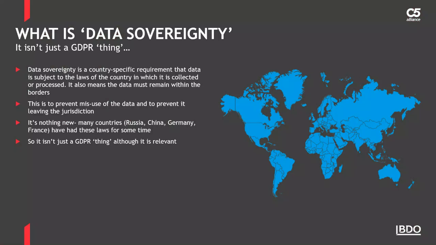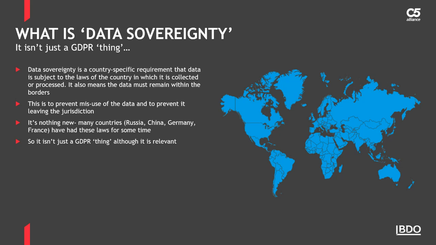So data sovereignty is a term that's thrown around quite a lot and quite often wrongly. Just to drill down into the detail, data sovereignty is a country-specific requirement, which means that data is subject to the laws of the country in which it's collected. It also means that data must remain within the borders.